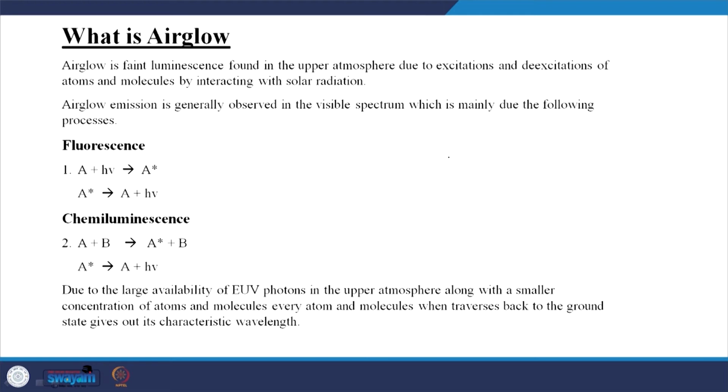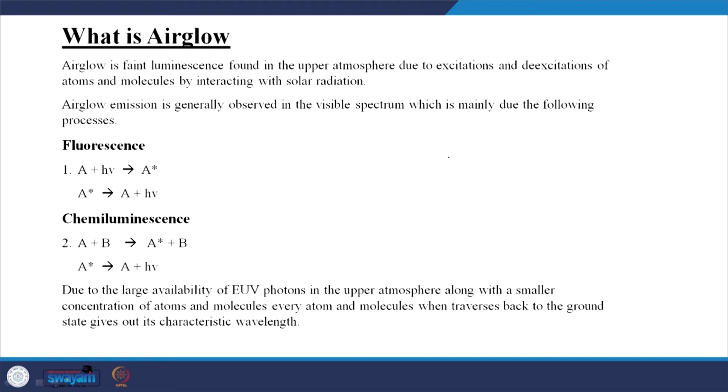Airglow emission is generally observed in the visible spectrum, which is mainly due to the following processes. The processes are fluorescence and chemiluminescence. Fluorescence is when an atom absorbs a photon and gets into an excited state. Subsequently, it cannot stay in the excited state for a longer amount of time. It has to come down. It will give out the energy and come back to its ground state.